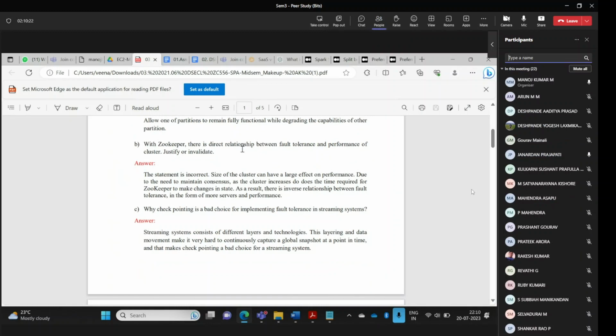Zookeeper: there is a direct relationship between fault tolerance and performance of cluster. Justify or invalidate. I'm seeing incorrect in some and correct in some.